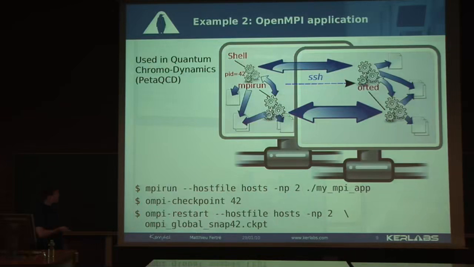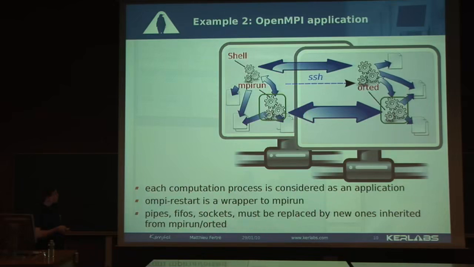Okay, so for restart, as you see, you specify again the hosts, you again specify the number of processes, and you identify your checkpoint. So in fact, since OpenMPI creates back the socket communication, you don't have to do it yourself in the checkpointer.